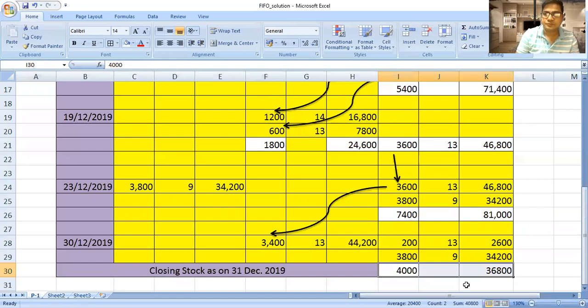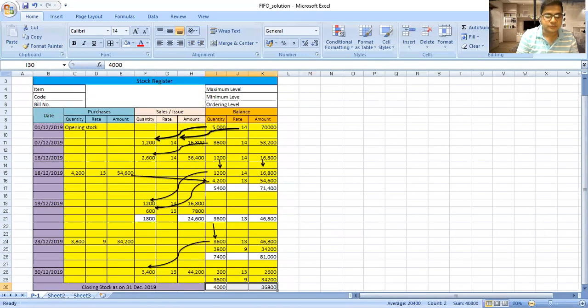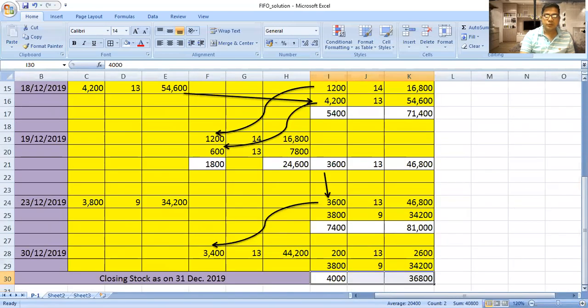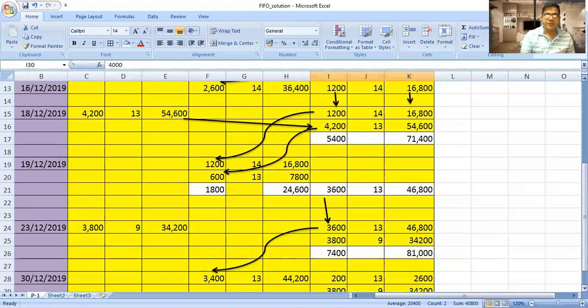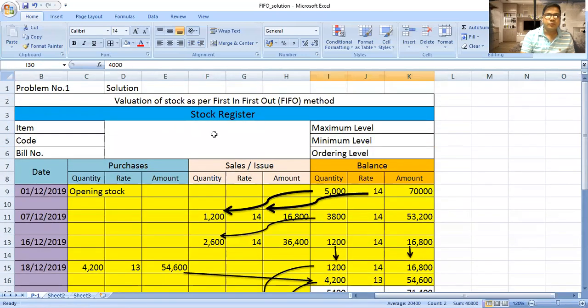So see friends, how we will prepare our stock ledger. Sometimes they may ask the question to prepare the stock ledger, and it may be for 15 marks, and we have to use the first in first out method.